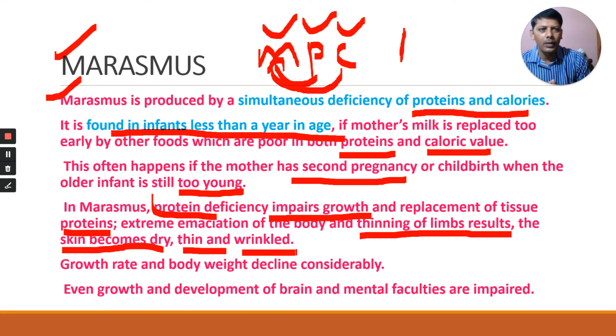Just as you observe wrinkles in old people, in a young child less than 1 year of age you can observe wrinkles, folds of skin. Growth rate and body weight decline considerably. Even growth and development of the brain and mental faculties are impaired.